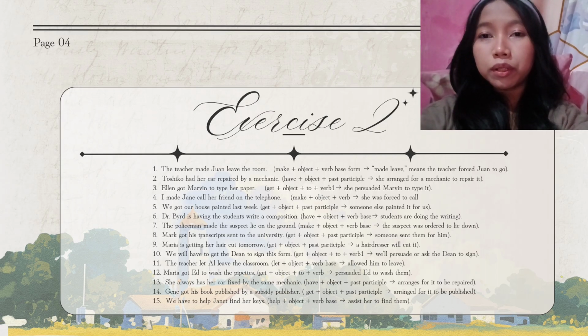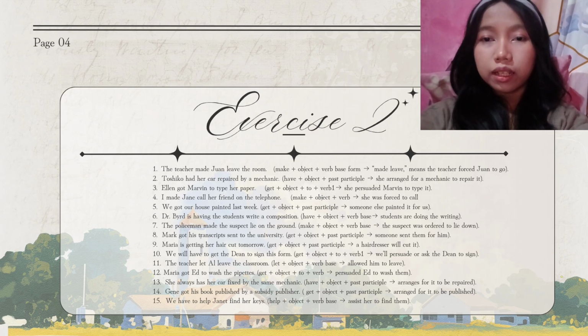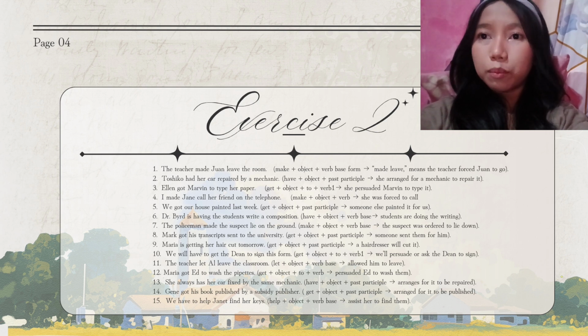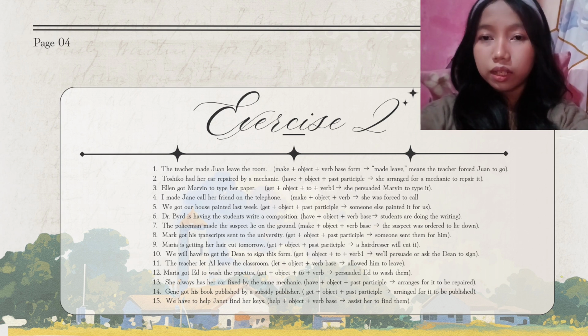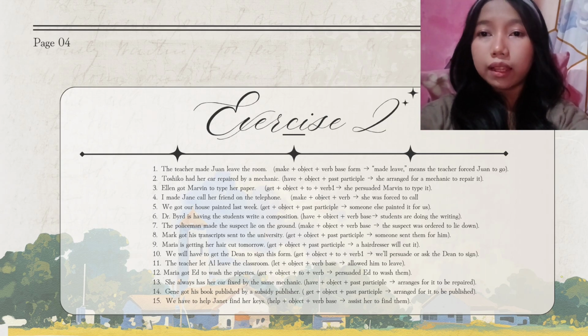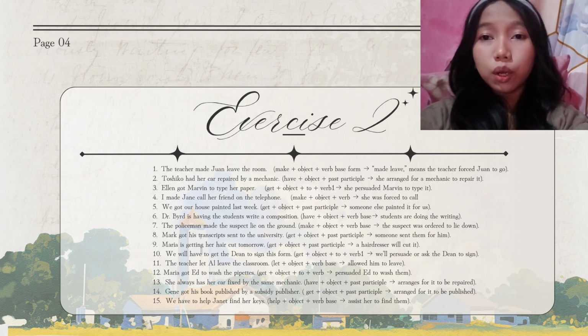The answer for number 2 is Toshiko had her car repaired by a mechanic. The structure is have plus object plus past participle, or verb 3. The verb had in this structure shows that someone else did the action for Toshiko.